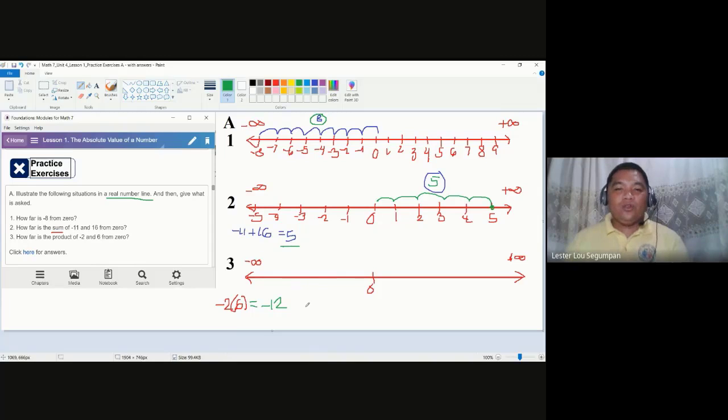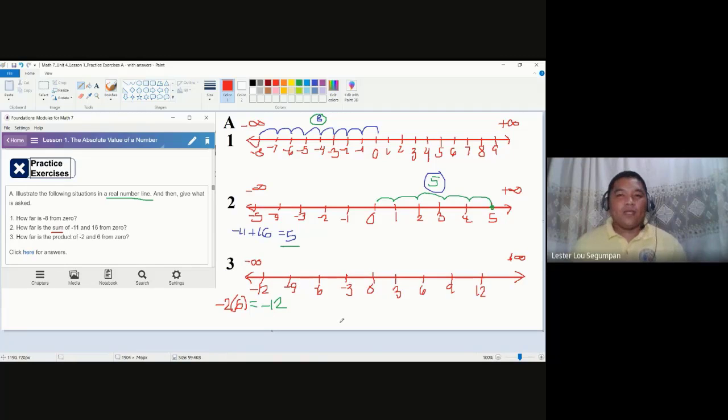So again, you could use multiples of 1, but to recreate a real number line, we could actually use here by 3. 3, 6, 9, 12. You could also use by 2, by 4, by 6 if you want. Negative 3, negative 6, negative 9, and negative 12.